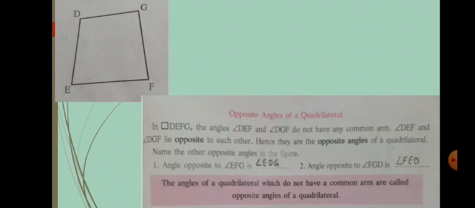So what we saw here, that the angles of a quadrilateral which do not have a common arm are called opposite angles of a quadrilateral. These all important points, children, you all have to keep in mind about adjacent sides of a quadrilateral, opposite sides, adjacent angles, opposite angles. Let's move further.